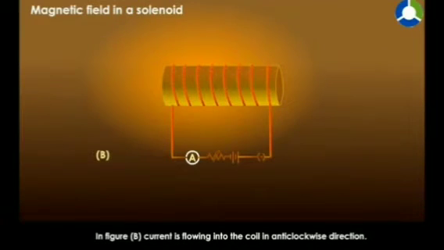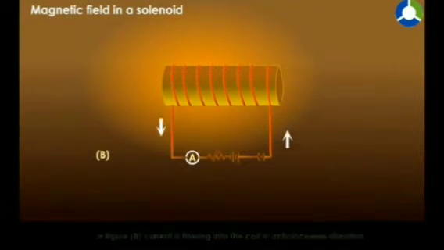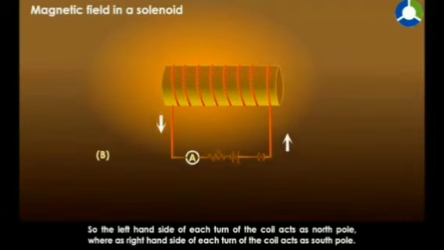In figure B, current is flowing into the coil in clockwise direction, so the left hand side of each turn of the coil acts as north pole, whereas the right hand side of each turn acts as south pole.